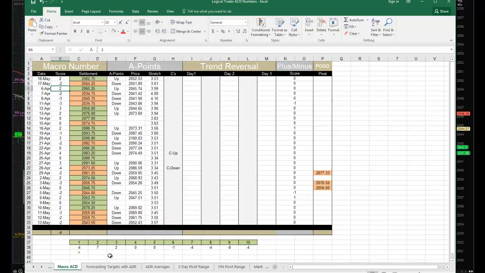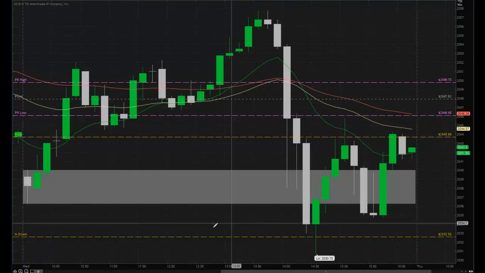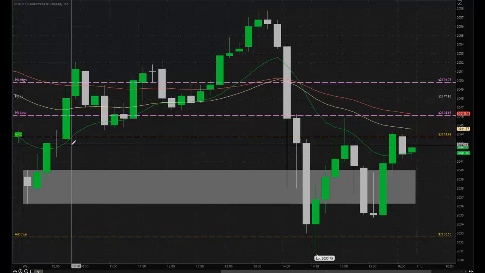Well, the market is acting like it wants to sell off, but it's not been able to do so just yet.